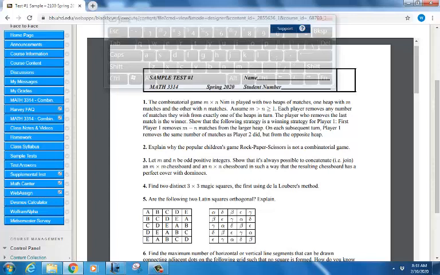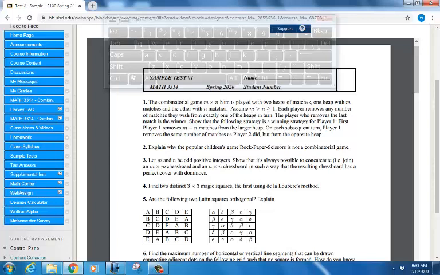You may have to refer back to your notes for some definitions. Like in problem 2, it says why isn't this familiar game a combinatorial game? How does that miss the definition of being a combinatorial game?